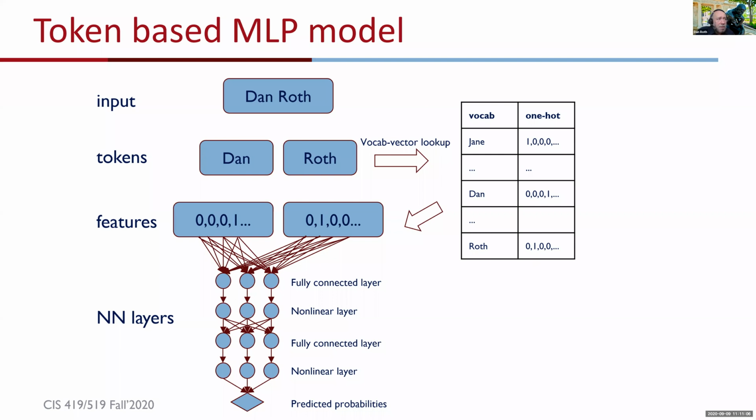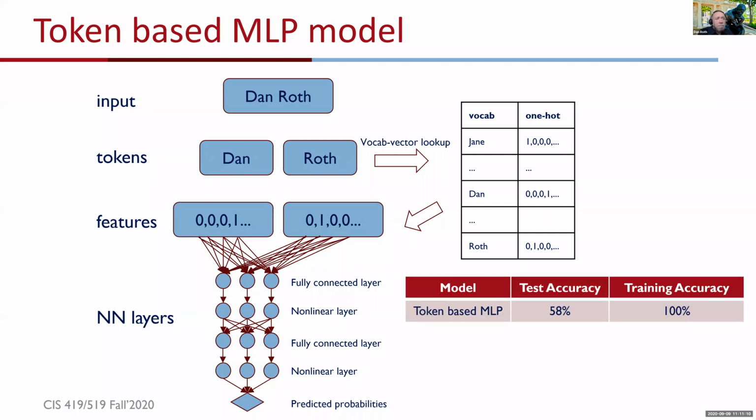This is being fed into a neural network, and that's the results that we get. So of course, the training accuracy is 100%. It's very easy to basically memorize the training data. But the test accuracy is only 58%, which is quite disappointing.